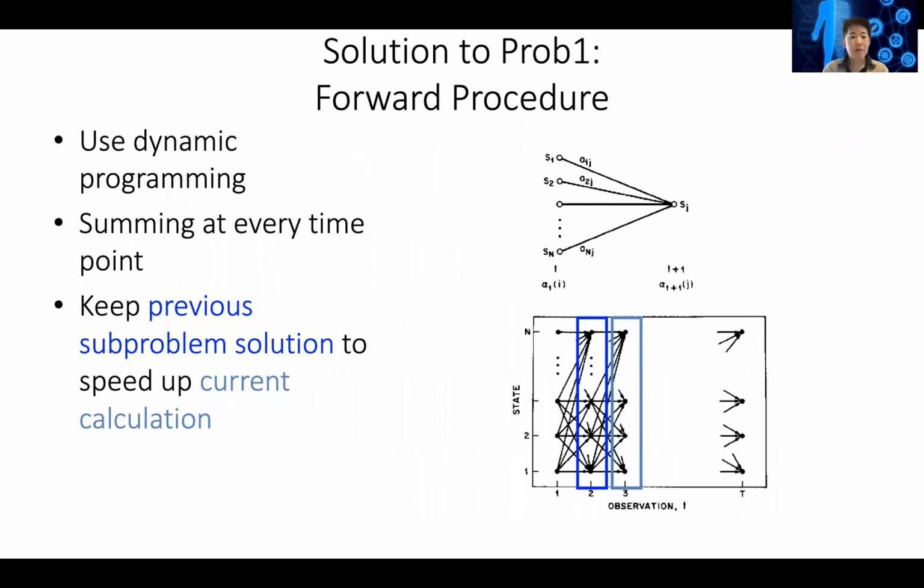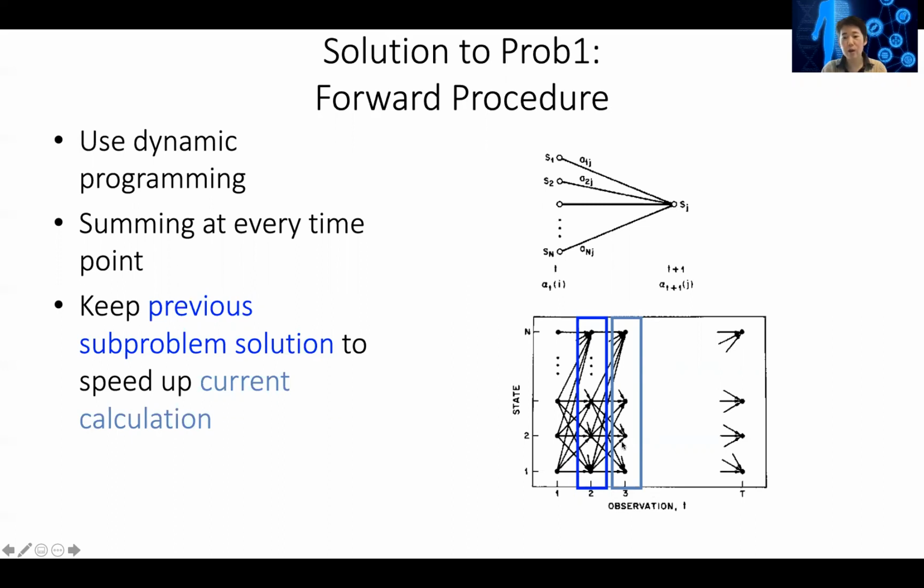Dynamic programming is an approach where we keep the previous subproblem solution in order to speed up the current calculation. And so in this situation, we try to keep track of all the numbers we get from the previous step, because at every time point, we have to calculate probability, and we'll show you how you can keep track of the previous step's result in order to help you with the next step.